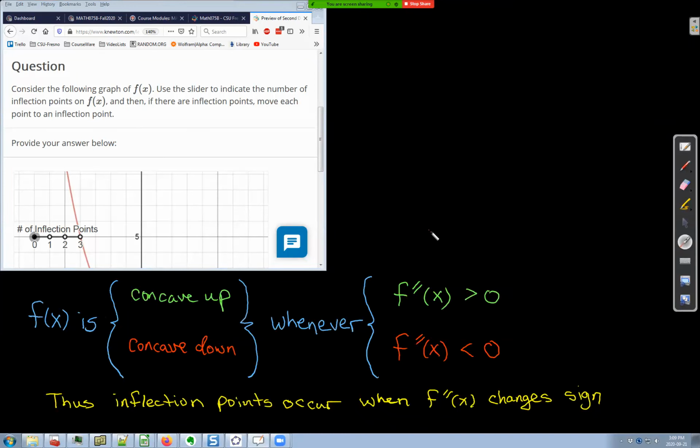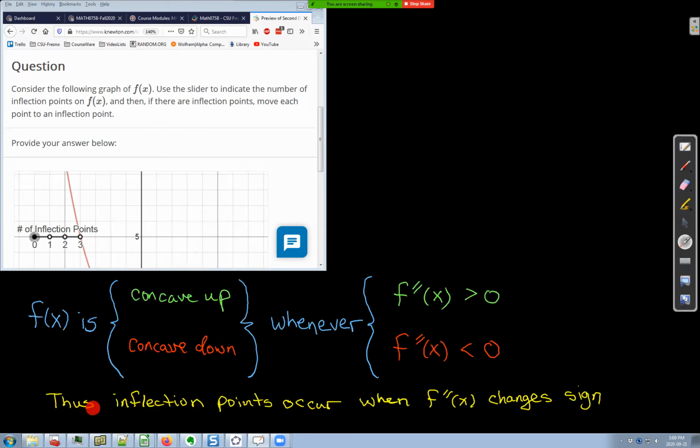Now, what's interesting about this problem is I've got all this good stuff written here at the bottom of the screen, and this is all completely correct: a function is concave up whenever the second derivative is positive, and concave down whenever the second derivative is negative.